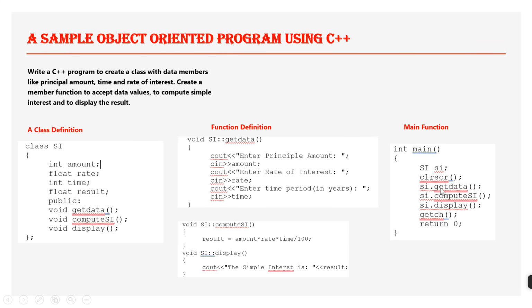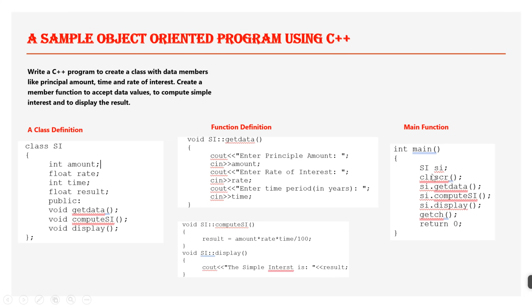Once I get the values for amount, rate and time, I call SI dot compute SI, so that this function will execute. I will get the result. Then I call SI dot display. So I will be able to display the interest, that is the result. Okay, so this is a very simple main function.